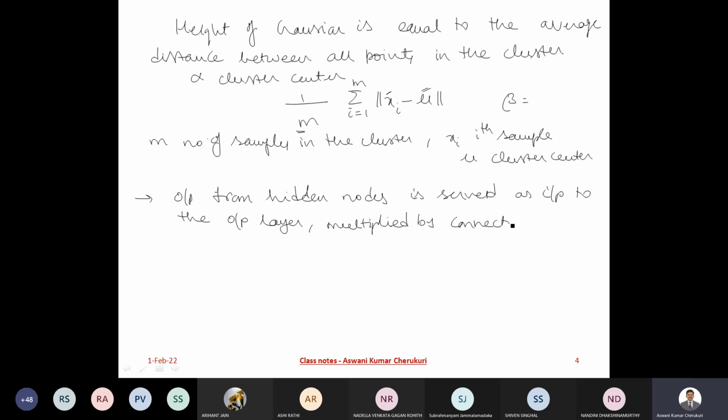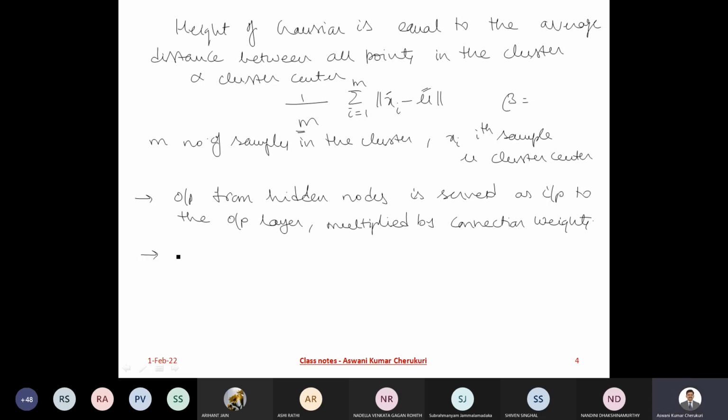Remember, we have connection weights between the hidden nodes and the output nodes. So the output from the hidden nodes is multiplied with the connection weights between the hidden nodes and the output nodes, and that is served as the input to the output layer.